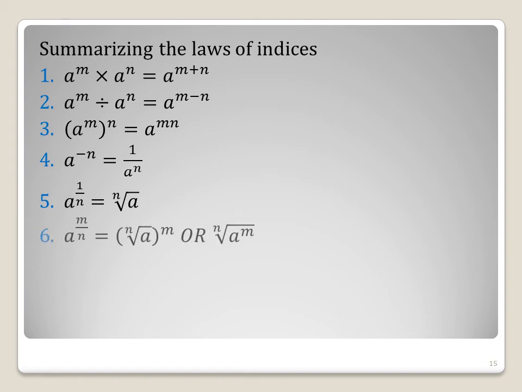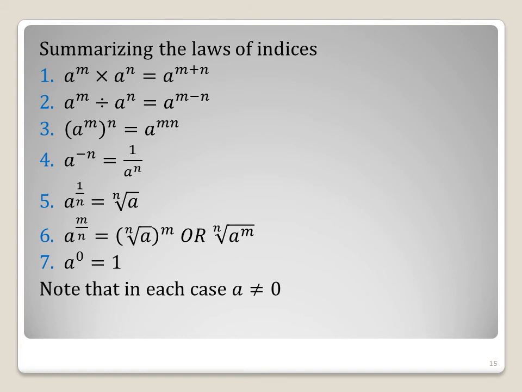The law of fractional indices: a raised to the power of m all over n equals the nth root of a all raised to the power of m, or the alternative method, nth root of a raised to the power of m. The law of special indices, or the law of singularity: a raised to the power of 0 is equal to 1. Remember, in each case, a is not equal to 0.